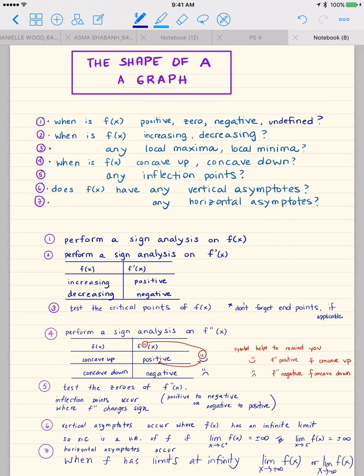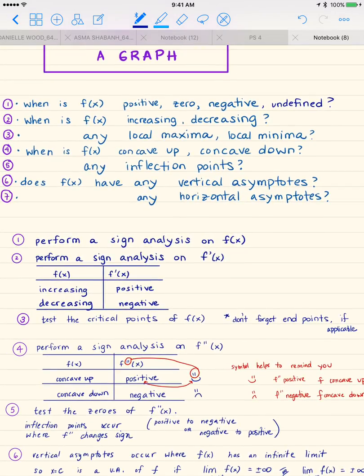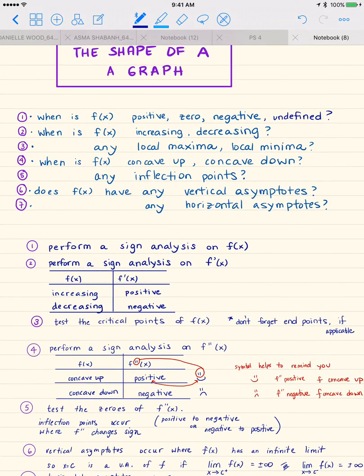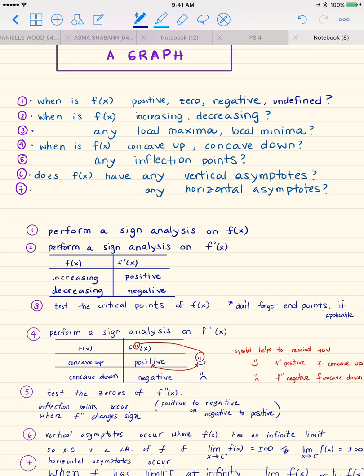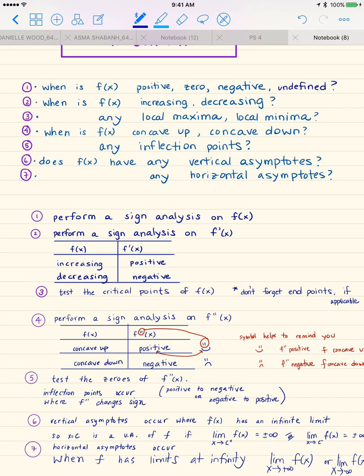So I've got here written out just a list of some key things that we look for when we are trying to graph a function, and we're trying to graph a function that we know is differentiable. So we'll be going through this list, and at the bottom here I've got how to do each little key point.